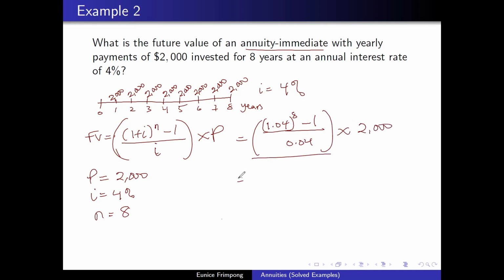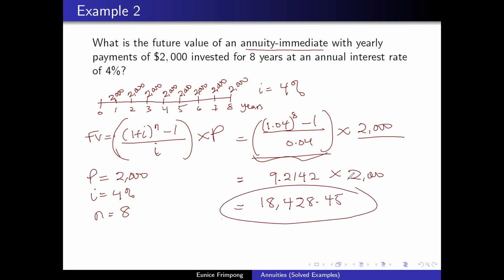So if I put this side in my calculator, I have 1.04 to the power 8 minus 1, all over 0.04. And that's giving me 9.2142 times 2,000. So I multiply this by 2,000, and that is giving me 18,428.45.